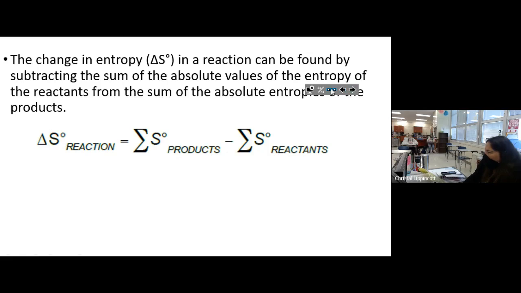All right, so the change in entropy in a reaction can be found by subtracting the sum of the absolute values of the entropy of the reactants from the absolute entropies of the products.